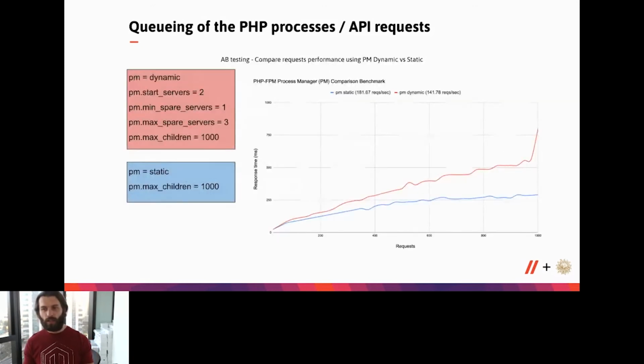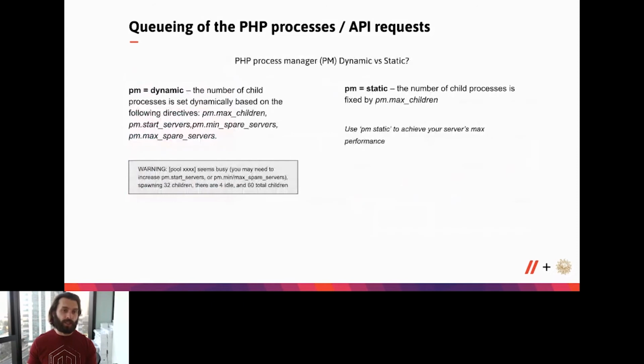Another option is pm static. The pm static setting gives you the ability to configure for the best performance, which means you will have a number of workers sitting there, ready to consume the traffic in a warmed-up state.